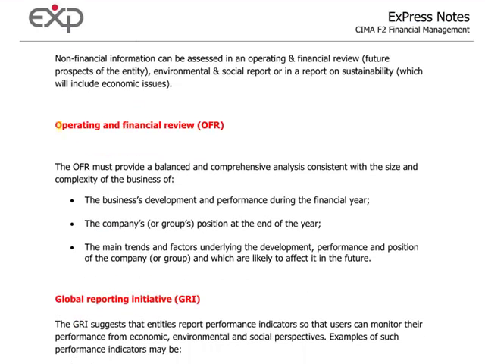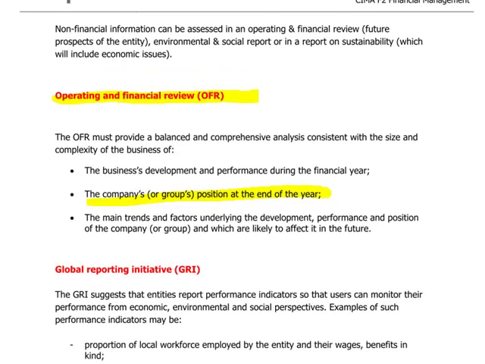Now, the first one is the operating and financial review. Remember, this is in addition to the financial statements, which you know, and which show the company or group position as at the year end. But what we would expect in this operating and financial review is the business development and performance during the year, not only in figures, but explained also in words.